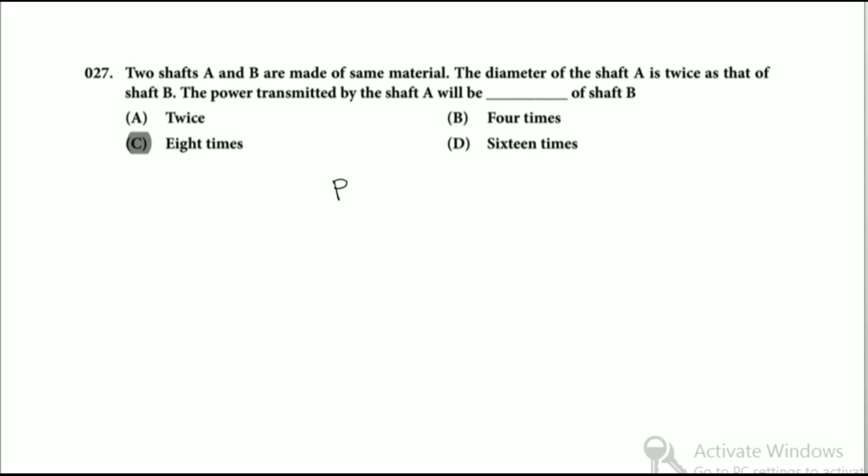Let's write it down. Power P is proportional to d raised to 3. So here the power transmitted by A you need to find out.